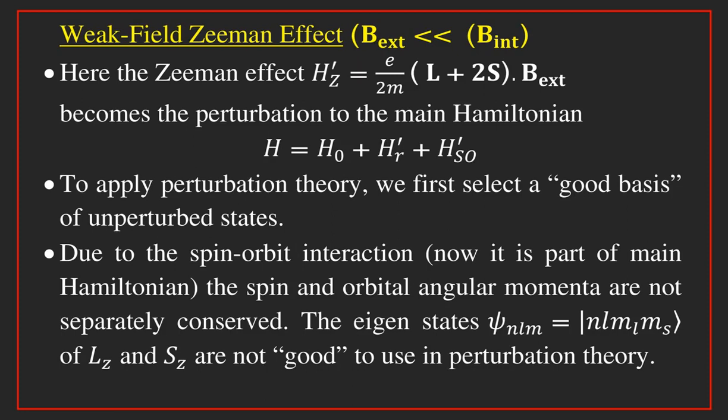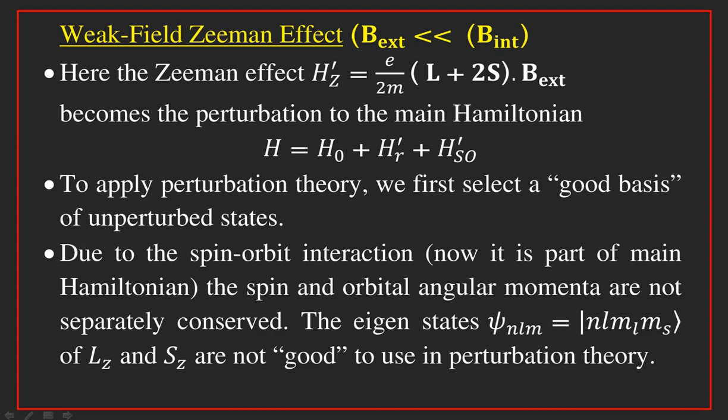So the first one is the weak field Zeeman effect. In this case, the external magnetic field is much less than the internal magnetic field. So here the Zeeman contribution is e by 2m into (L plus 2S) dot B external. It becomes the perturbation to the main Hamiltonian. Now remember, the main Hamiltonian includes the original Hamiltonian of the hydrogen atom, which was studied in the theory of the hydrogen atom, then the relativistic correction, then the spin-orbit coupling.